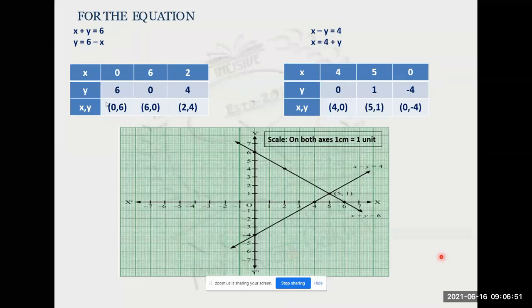You have got marks for ability in the graph. The point of intersection is the solution, so the point where they intersect is 5 comma 1. So the solution of the equations x plus y equals 6 and x minus y equals 4 is 5 comma 1. This is clear to all the students.